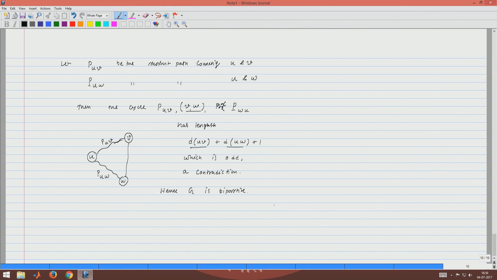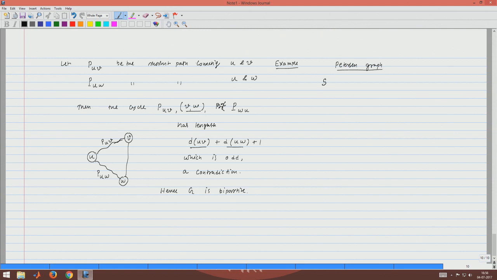Okay, so let me give one example of a very special graph called the Petersen graph. This will be used frequently in this class.